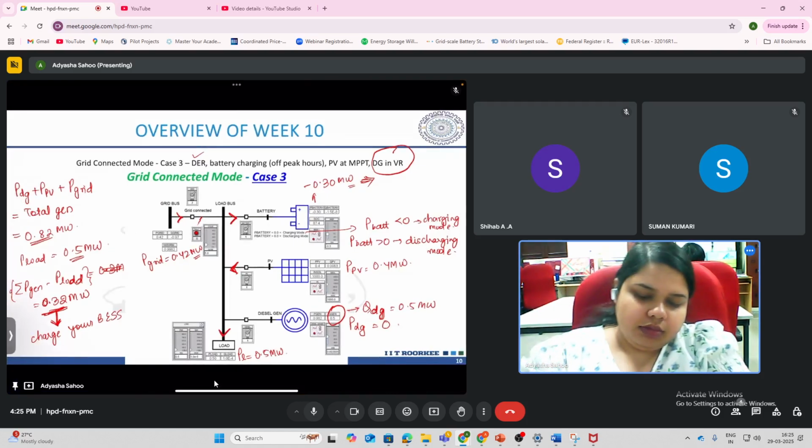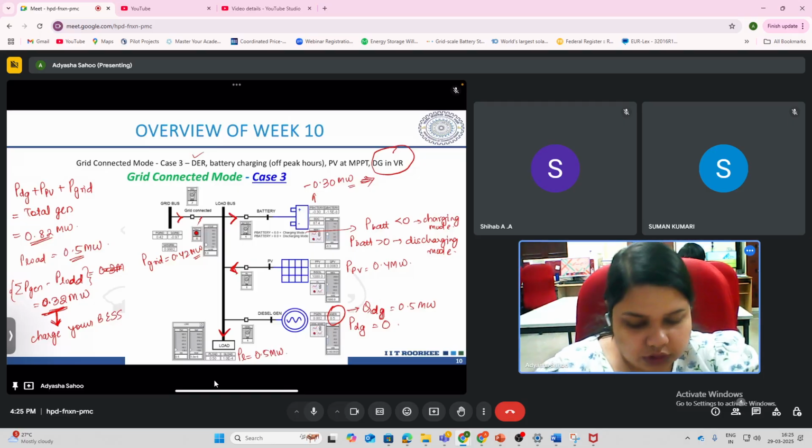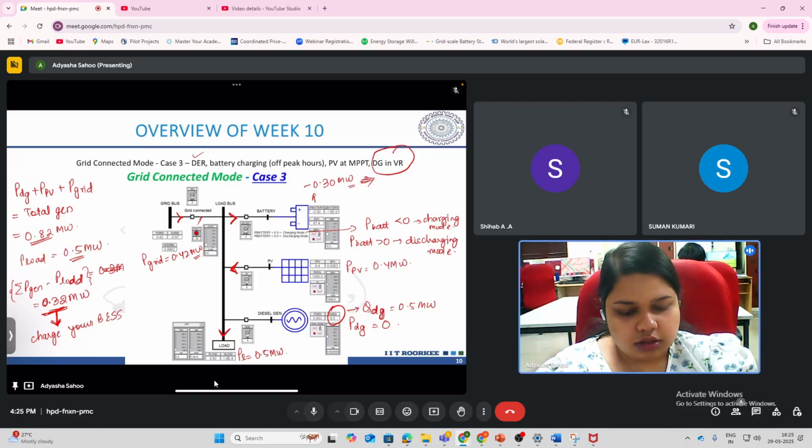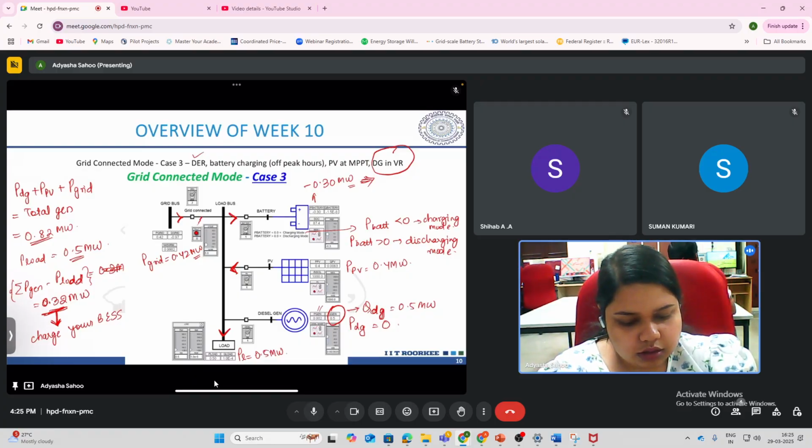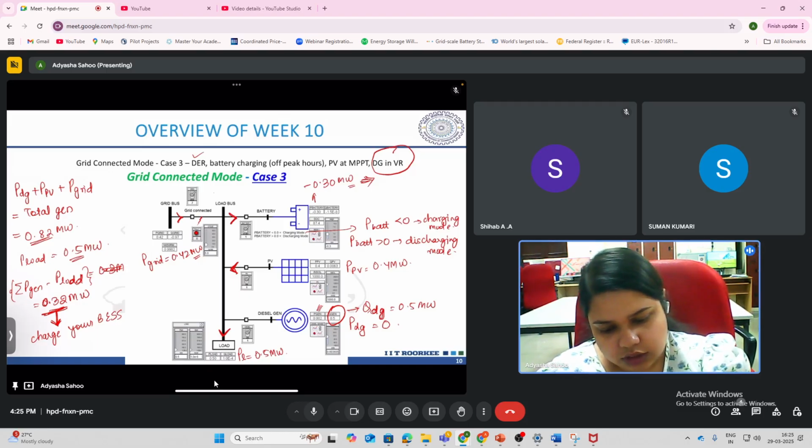The DG is not withdrawing or injecting any real power to the grid, so it is near about zero, but it is supporting the voltage by injecting 0.5 megawatt of reactive power to maintain the voltage at this load bus.